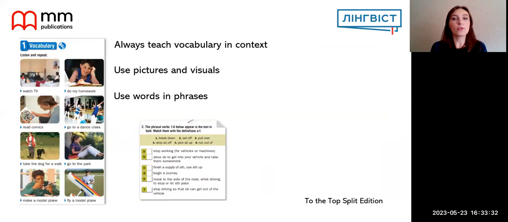And the first step in helping students remember vocabulary is teaching it in context. This means you should never provide a list of isolated words for them to learn. Words should be introduced within the context of a story or everyday situation or activity or any other context your students are familiar with.